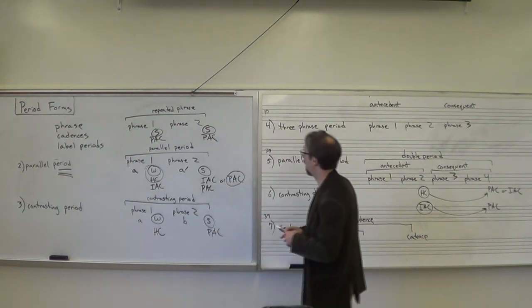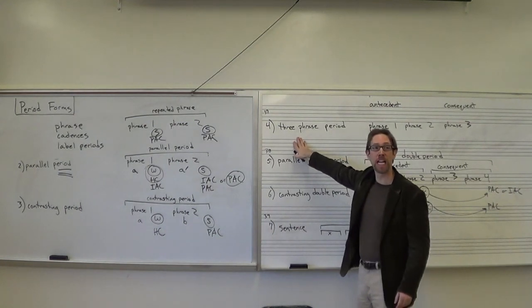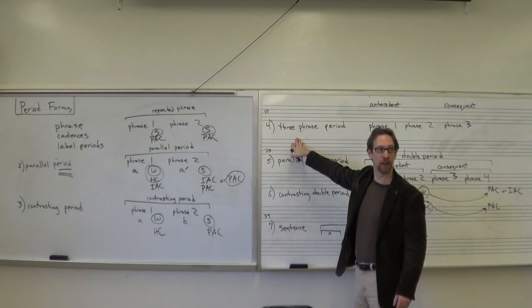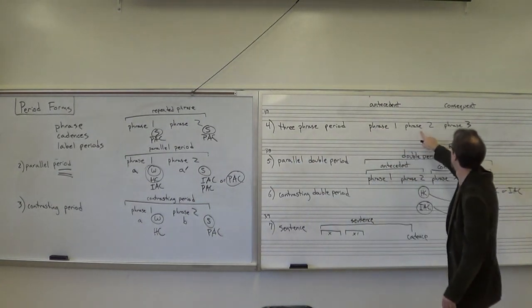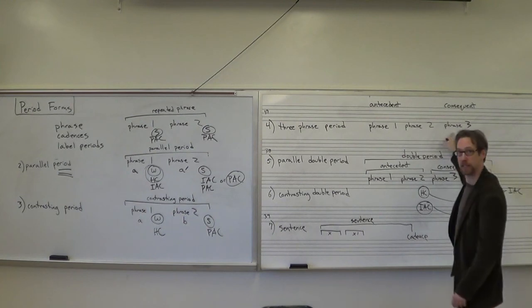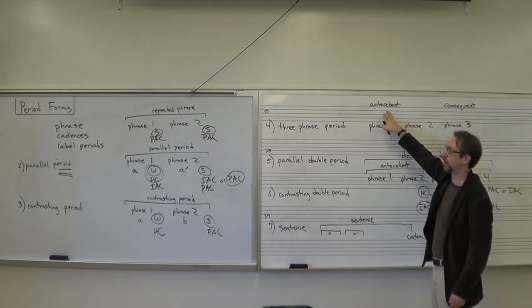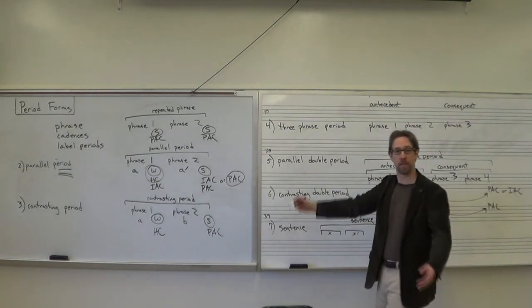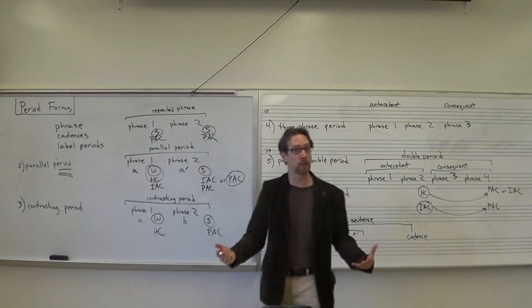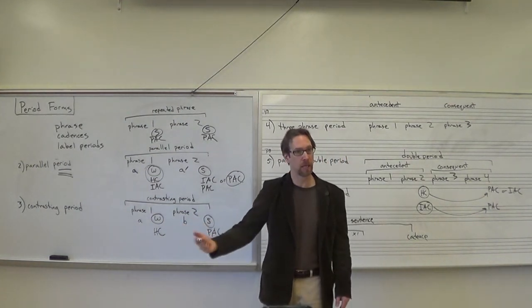Now, sometimes things fall into something called a three-phrase period. This is where things get significantly more complicated as you analyze. You have a phrase, and a phrase. And we need to use the words antecedent and consequent. So antecedent means the phrase that comes first, consequent, second, the consequence.